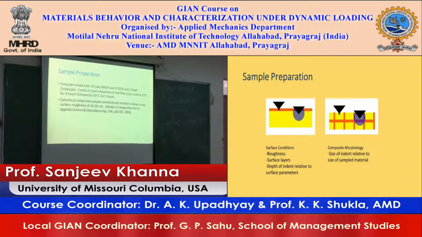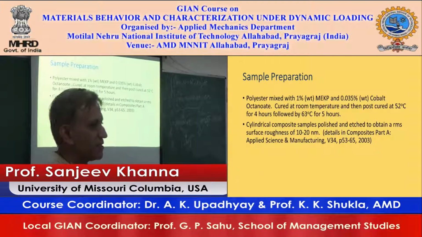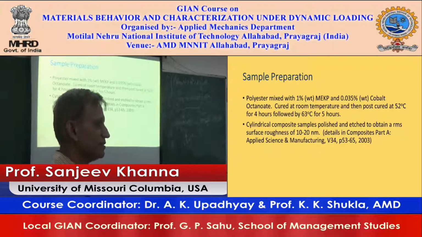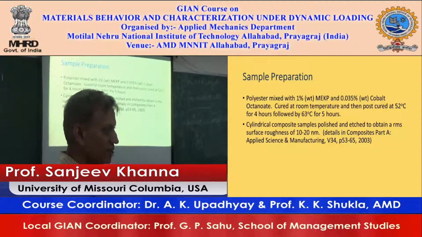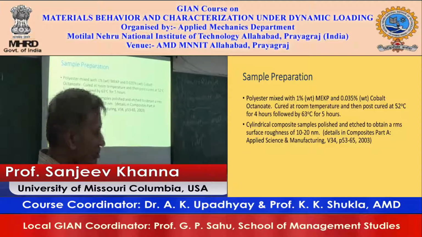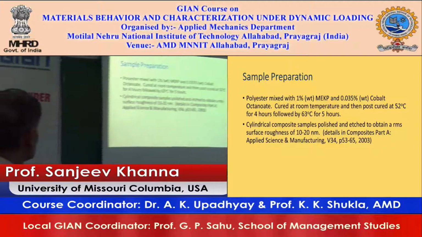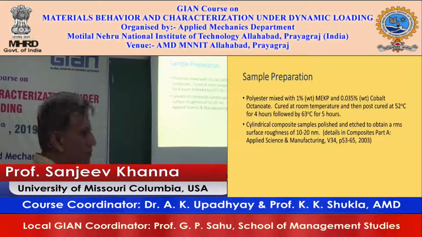Now we use polyester because polyester, epoxy, or some other, like polyether, are the most commonly used composites. So epoxy and polyester are the two most common ones. So we use polyester. And this is just how you cure the polyester.